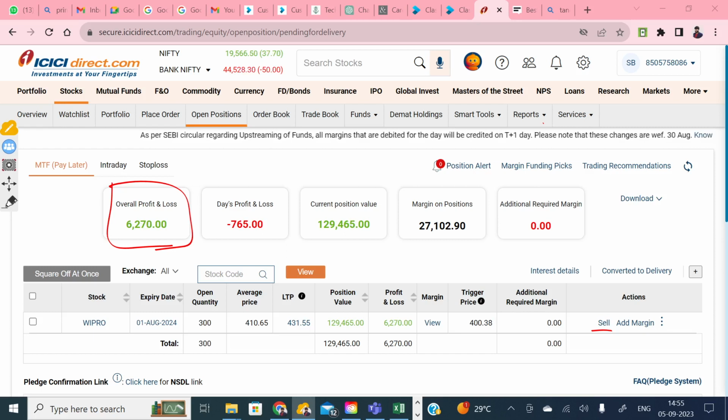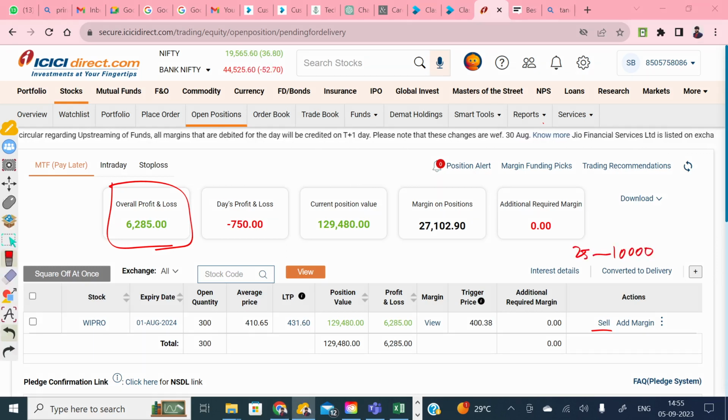Here, this broker, ICICI, charges around 25 rupees for 1 lakh amount per day. So it means I'll have to pay interest of 25 rupees per day to the broker to opt for this margin facility. That's what the broker provided me as margin facility.